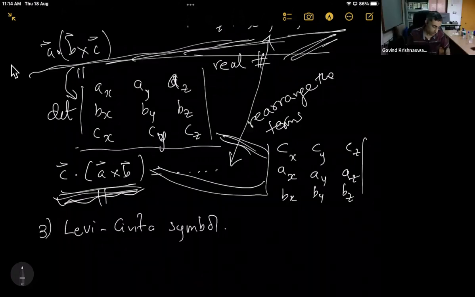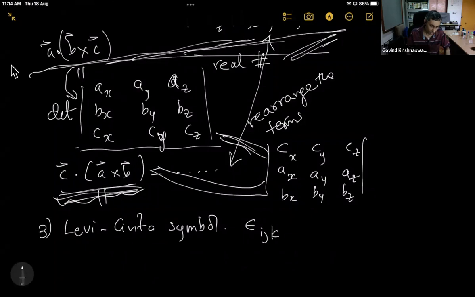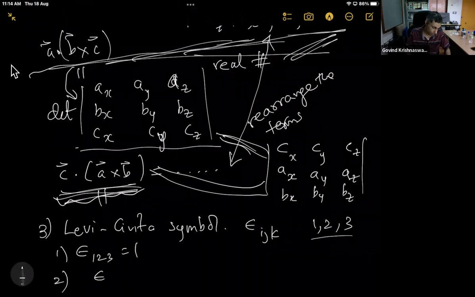Sir, I think there was some missing information with regards to this problem. Okay, let me remind you what information was provided. You are told that there is a symbol epsilon ijk, where i, j, k take values from 1 to 3, and that epsilon 1,2,3 is equal to 1. That is one defining property. The other is that epsilon ijk is minus epsilon jik; actually, this is only one instance.